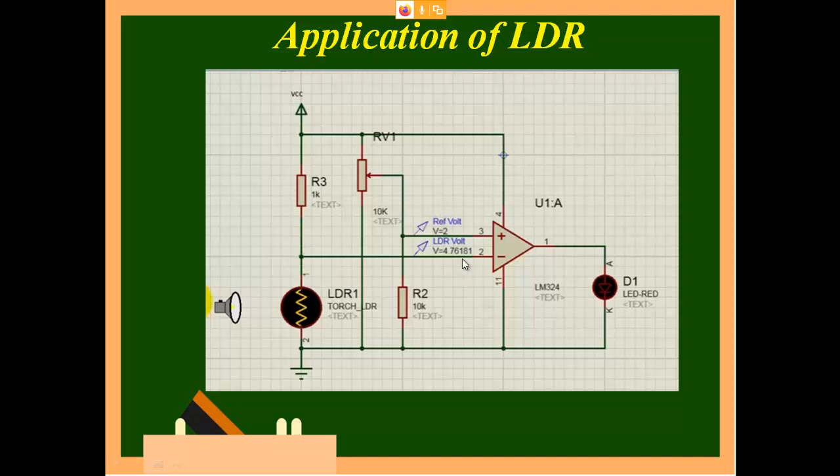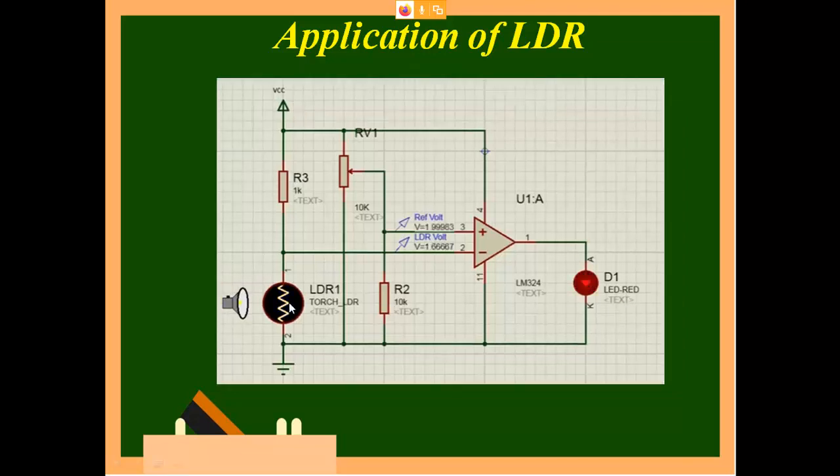This voltage will start decreasing. At one instant, when I bring it very close, this voltage will be less than this voltage. Under that circumstance, the op amp will turn on, you will have an output, and your LED will glow. So I have brought this light source very close to this LDR.